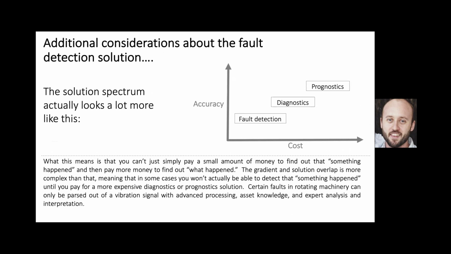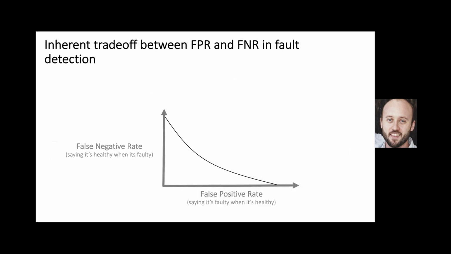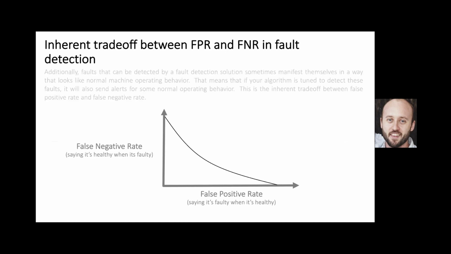And like I said before, it's very important to consider what the ROI is across that entire spectrum. Like I said, there is an inherent trade-off between false negative rate, which is saying something's healthy when it's faulty, and a false positive rate, which is saying something is faulty when it's healthy.